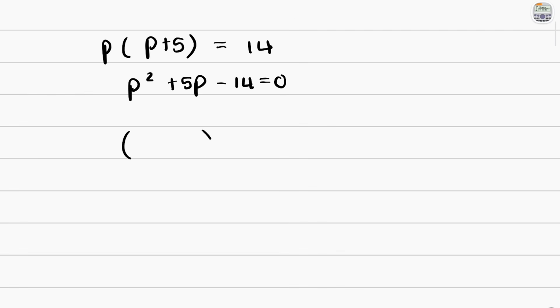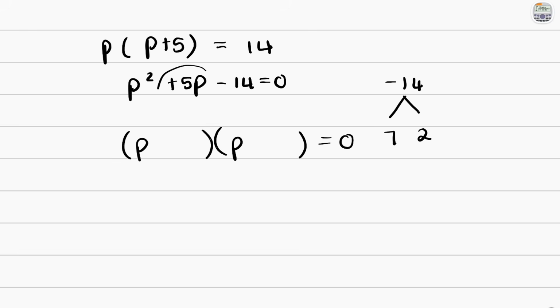And then factorize. So open up two brackets equal to 0. p times p gives you p squared. But what times what gives you negative 14? 14 is an easy one because you know that 2 times what gives you 14? 2 times 7. So we can say 7 and 2. But then which should be negative, because this is clearly negative, so that we have a positive 5p in the middle?